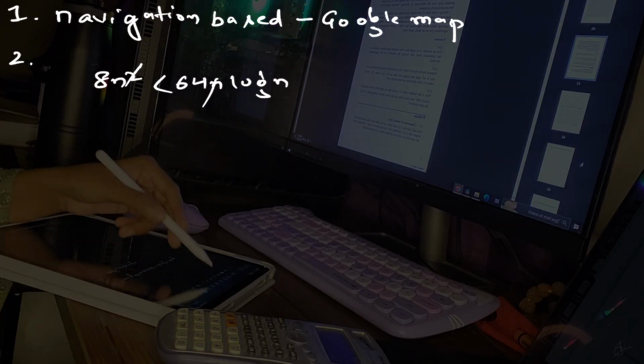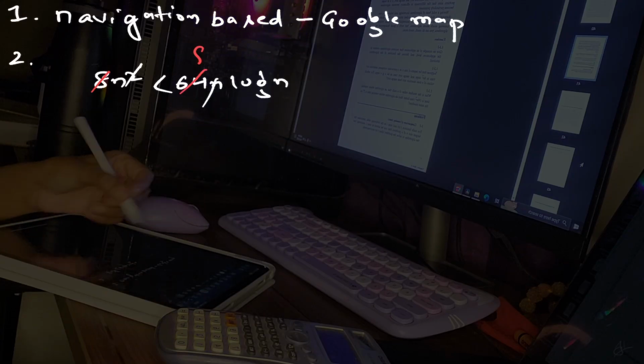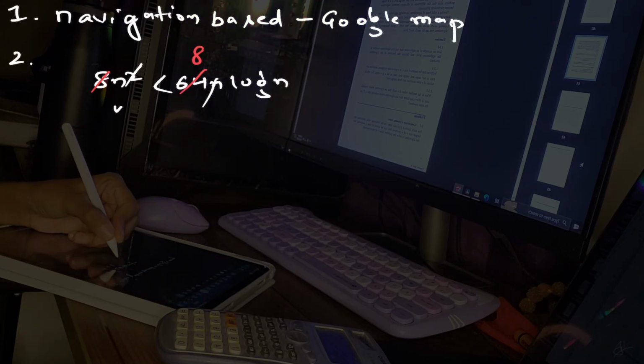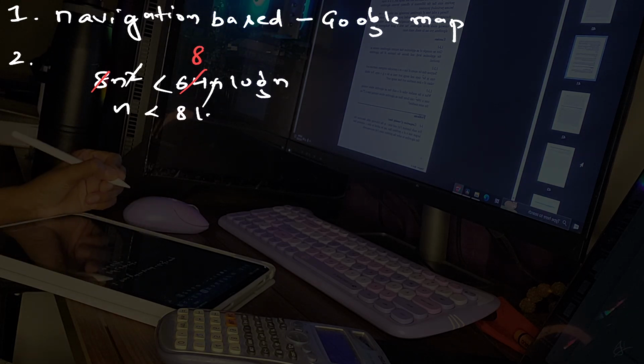This will be 8n, and so we basically have to find for which values n is less than 8 log n.